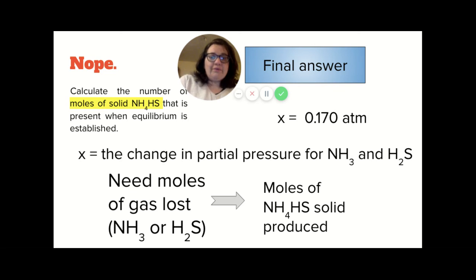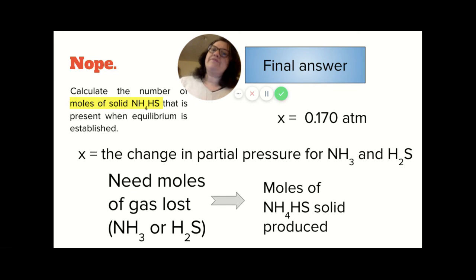If I can find out by how many moles of gas it was reduced, how many moles of gas were lost, I'll be able to use the balanced reaction, stoichiometry, to find how many moles of the solid were produced. And that's actually what I'm looking for. So, time for the ideal gas law to get from this loss of partial pressure.